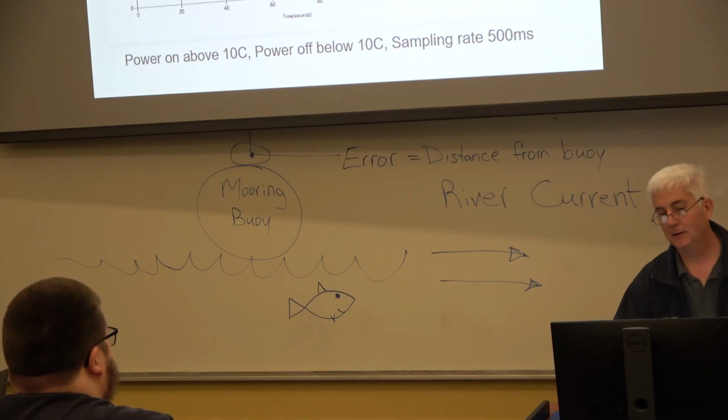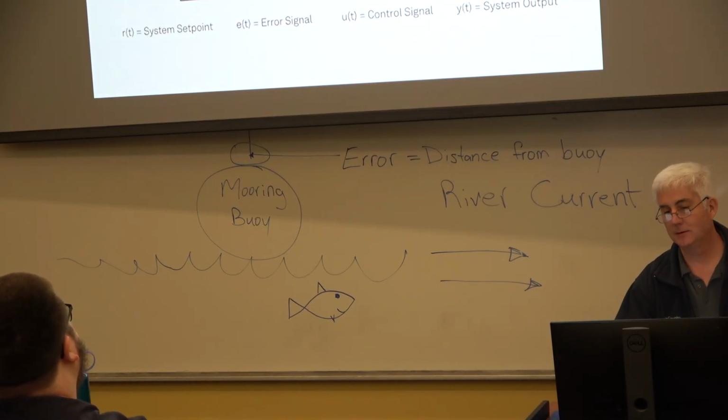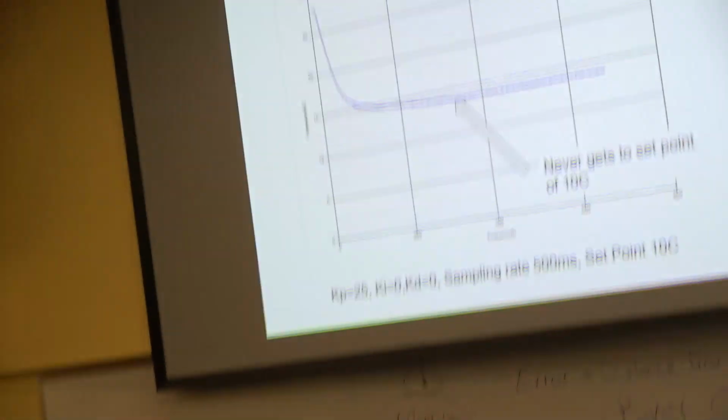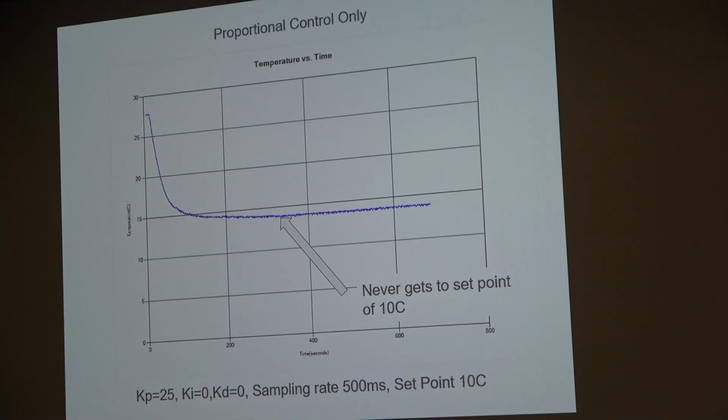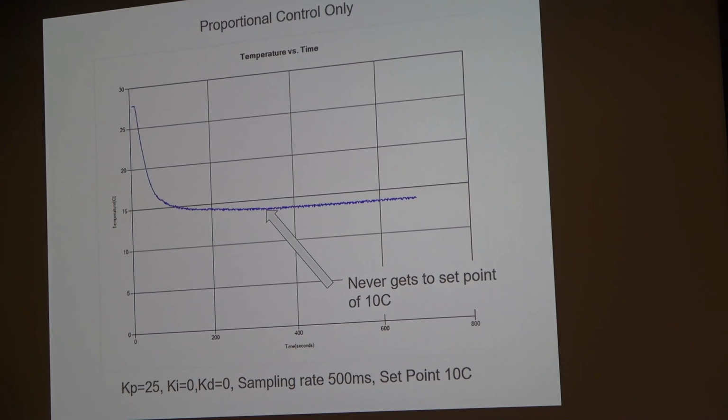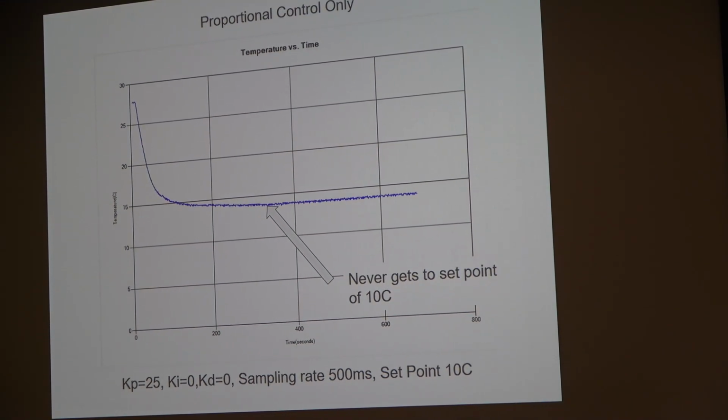And that is exactly what happens in a PID loop. If you use just proportional and you try to get to set point, you never, ever get there, because other stuff is bleeding off that energy, just like the river current is pushing me backward in my boat.